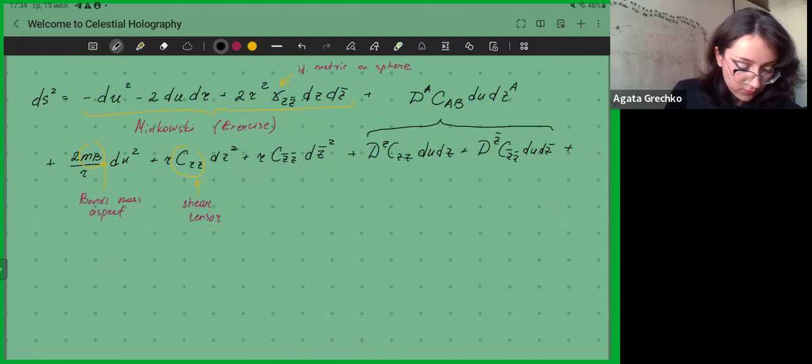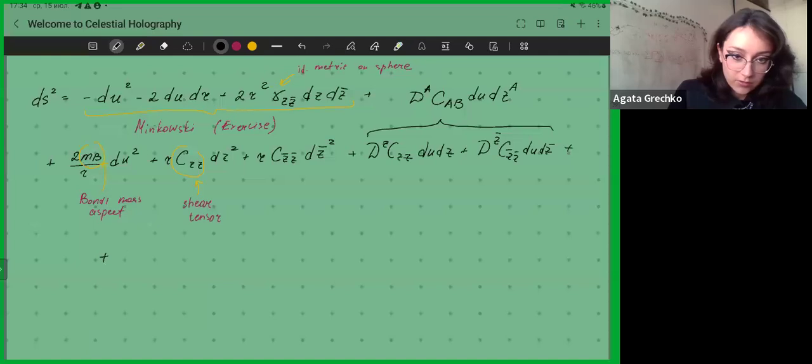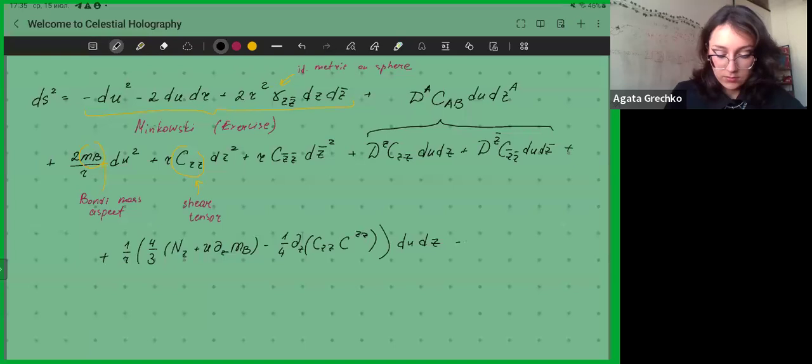The next order looks as follows. Plus 1 over R for 3. This I already don't remember by heart. dz Bondi mass minus 1 over 4 dz C_zz bar du dz and the next orders.